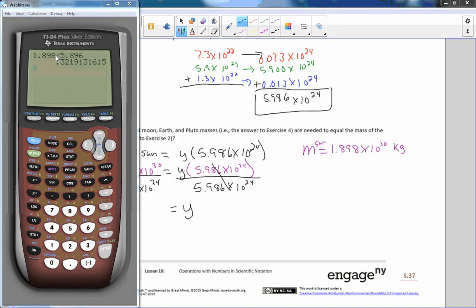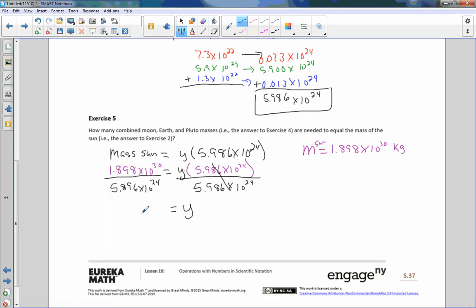Okay, so when I divided 1.898 by 5.986, I got 0.3219, so forth. I'll go out 4 decimal places. 0.3219 times 10, and since we're dividing, we subtract 30 minus 24. So I'm going to show my work here so we remember the rule.